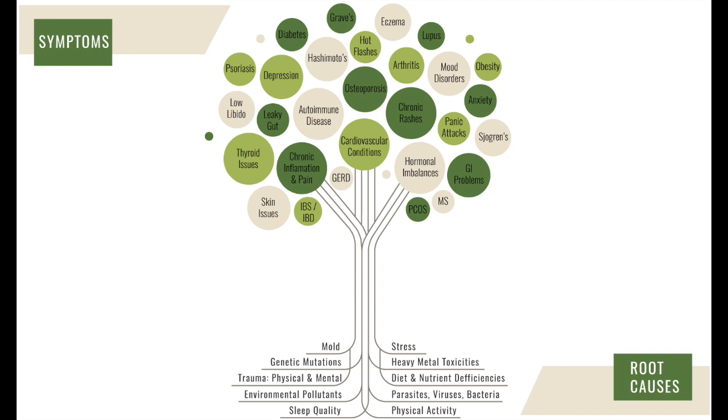So there are lots of different causes for a variety of symptoms. Patients can have similar symptoms but different root causes, just as patients can have different symptoms for the same metabolic imbalance or root cause.